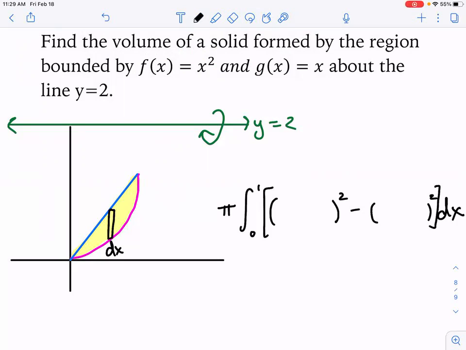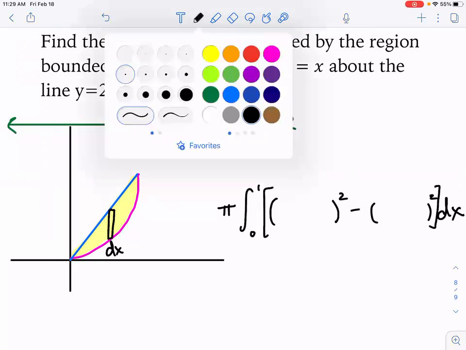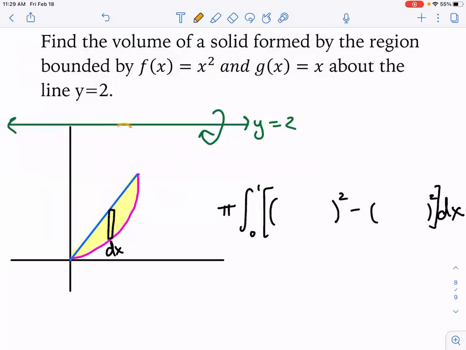Okay, cool. Now, our outer radius, which part of the rectangle is furthest away from our axis of rotation? This is our outer radius because the bottom of our rectangle is furthest away. So we have 2 minus x squared as our outer radius. That's the distance, top minus bottom. 2 minus parabola.